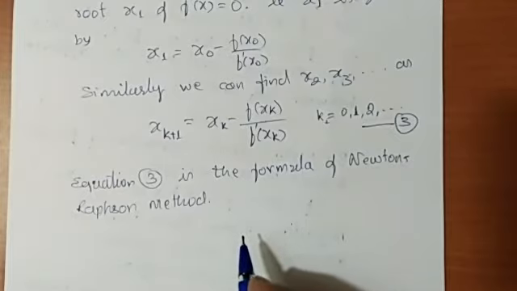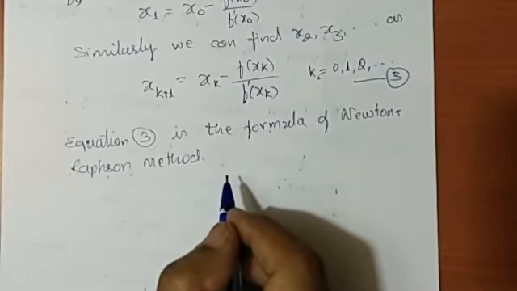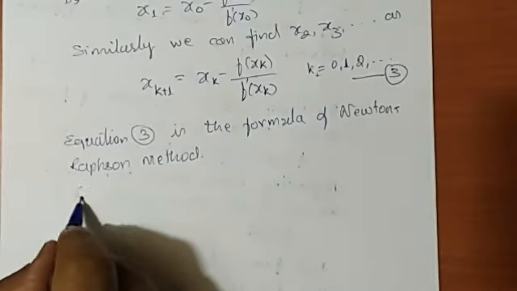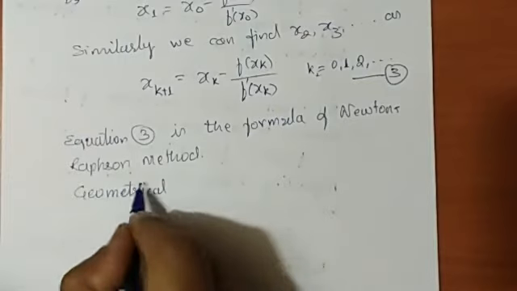In the false position method, we arrived at the formula by considering the point at which the chord cuts the x-axis, the chord joining A, f of A and B, f of B. Here also, I will give you the geometrical meaning. So we can arrive at Newton's method geometrically also.